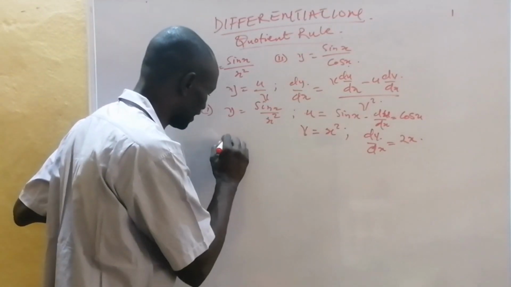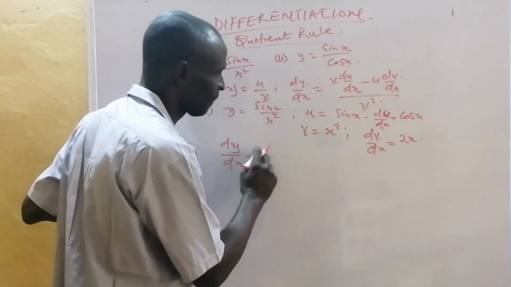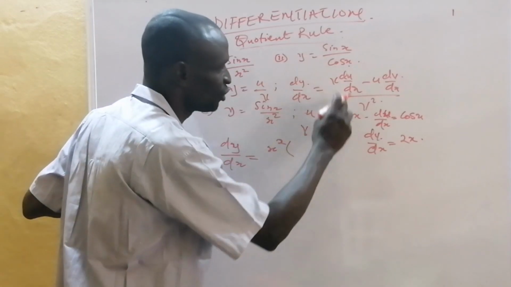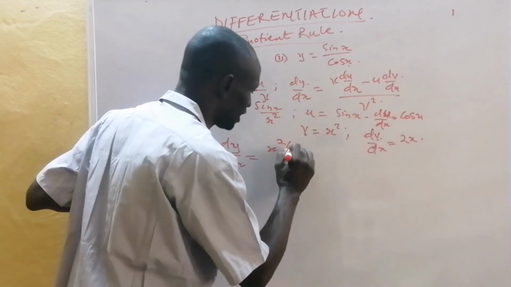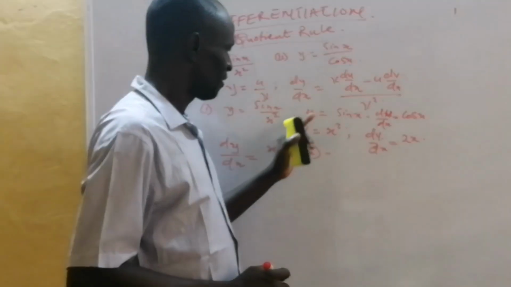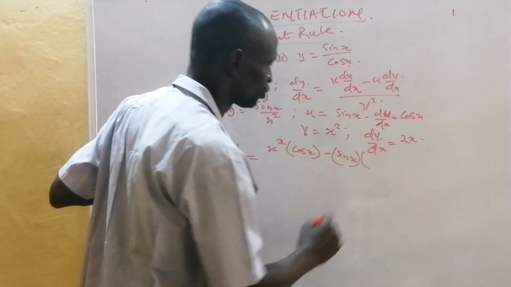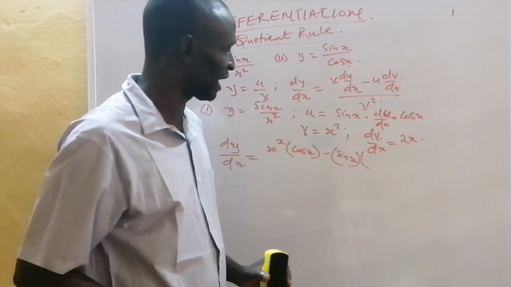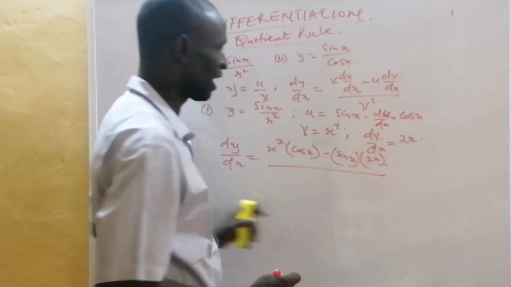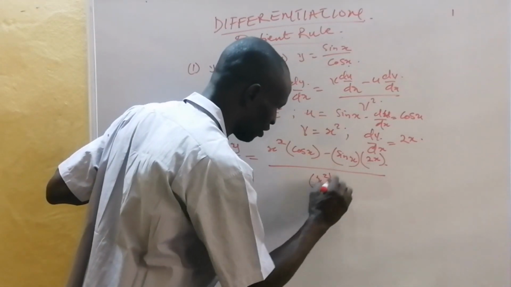So my dy/dx is equal to v, my v is x squared, into du/dx, my du/dx is cos x, minus my u, my u is sine x, that's sine x into my dv/dx, which is 2x, everything over v squared. Remember my v is x squared, that's x squared all squared.